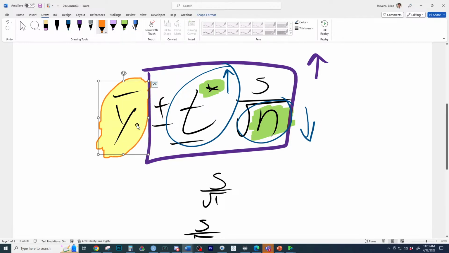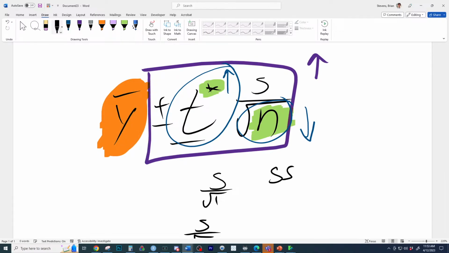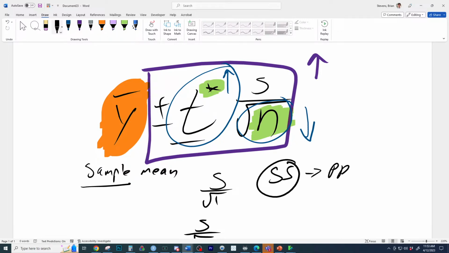Well, this is not a parameter though. Parameters are for populations. So we say sample statistics give us estimates of population parameters. So the confidence interval is made from a sample, and there's a sample mean right here. So that is going to create the interval. So the sample creates the interval. So a sample statistic creates the interval.